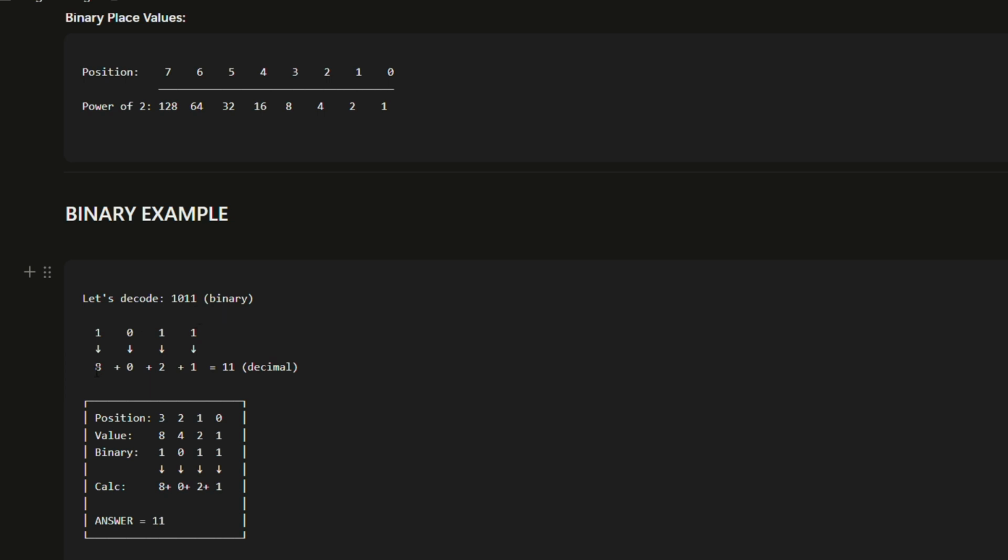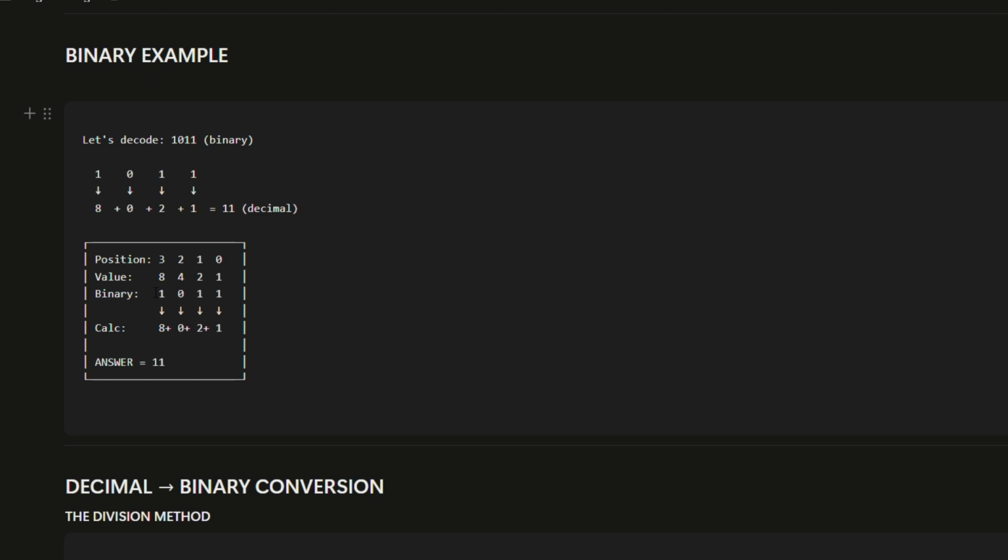Once I get all of those values, I sum them up, and that gives me my decimal value. This is a much easier version to see it all in one place. So as you can see, 1011 is 11 in its decimal equivalent.